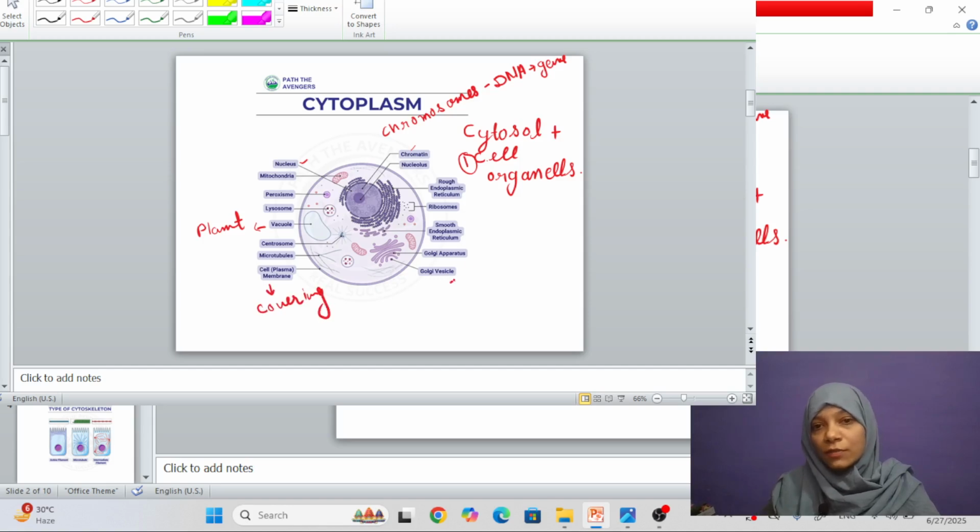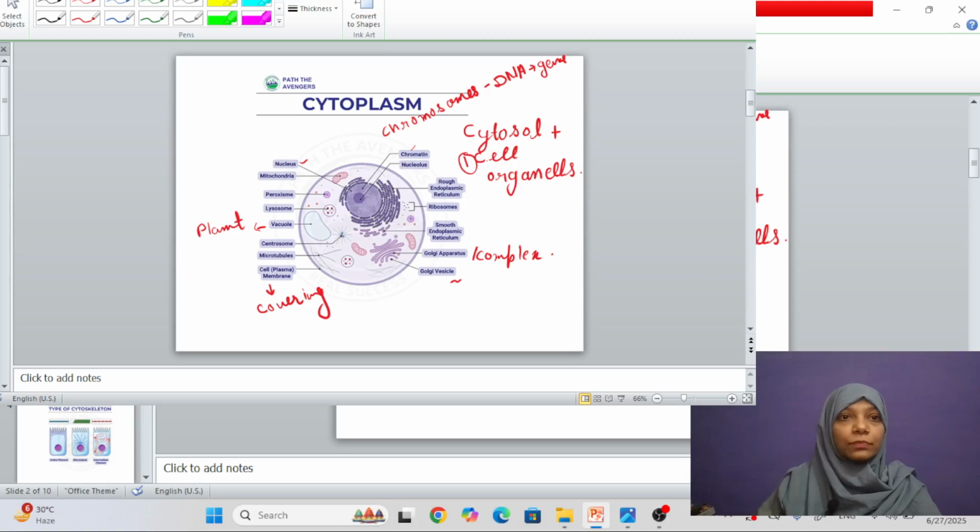These are Golgi vesicles, because they arrive from the Golgi apparatus, also known as the Golgi complex. Then there is the smooth endoplasmic reticulum, then ribosomes, then the rough endoplasmic reticulum.